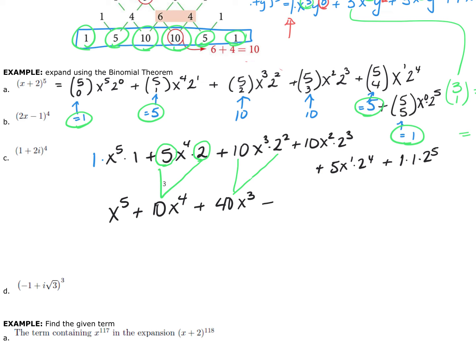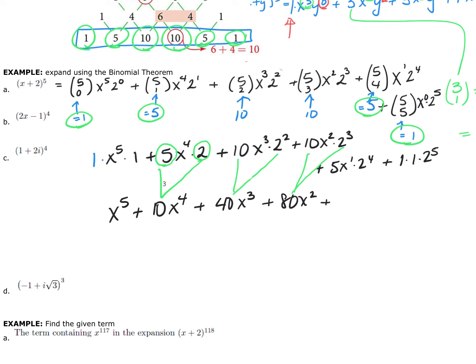Then I'm going to have plus, I have 10 times 2 to the 3rd, which is 80x squared. It's because of that 10 and 8, and the 2 raised to the 3rd power. And then plus, I'm going to have 5. 2 raised to the 4th power is 16.